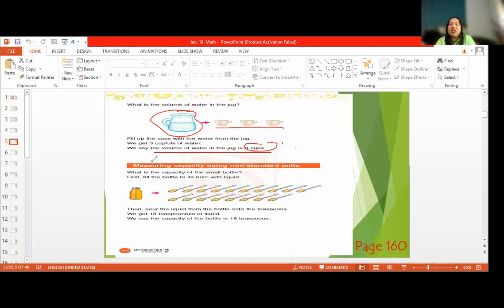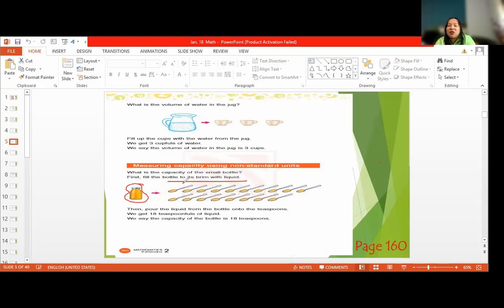So here we will continue measuring capacity using non-standard units. From this picture, what is the capacity of this small bottle? First, what are you going to do? Fill the bottle to the brim with liquid, then pour liquid from the bottle onto the teaspoon.